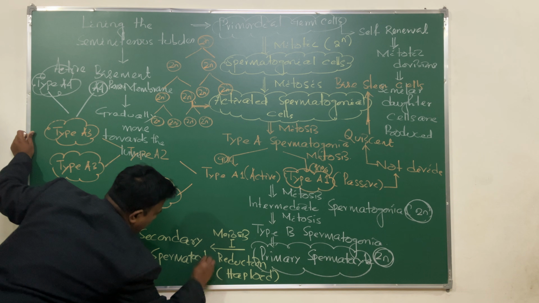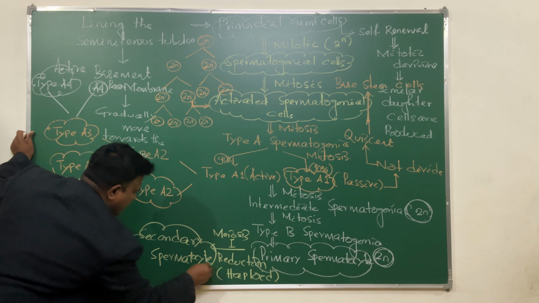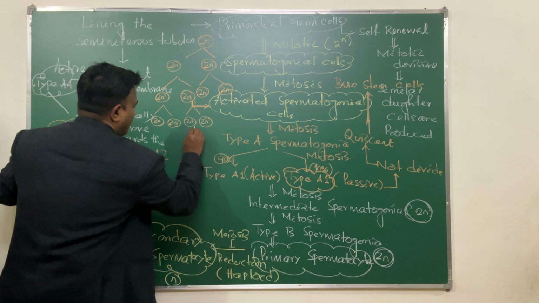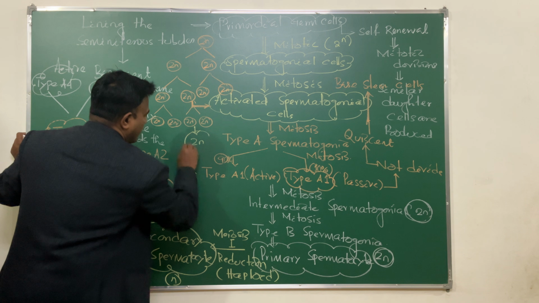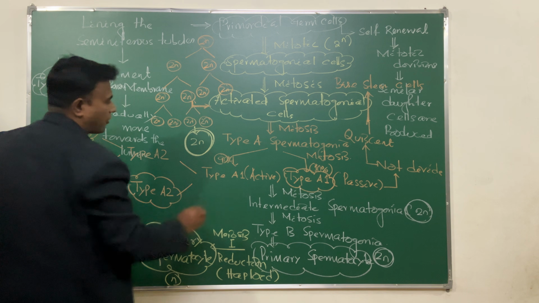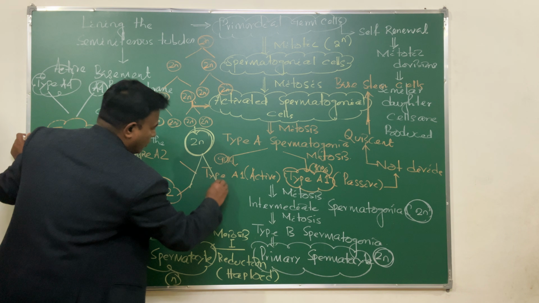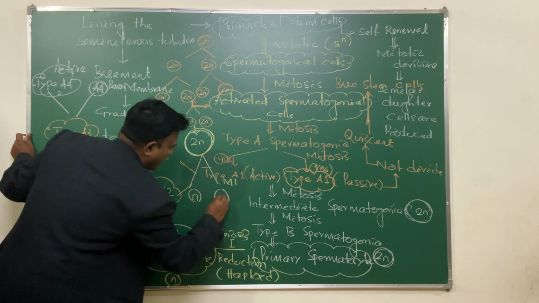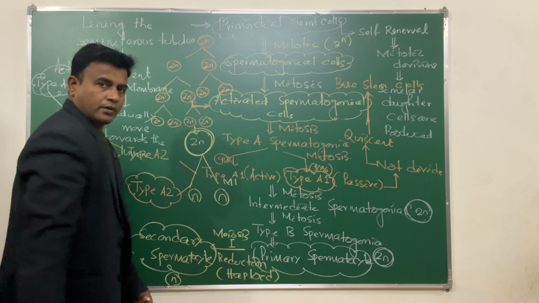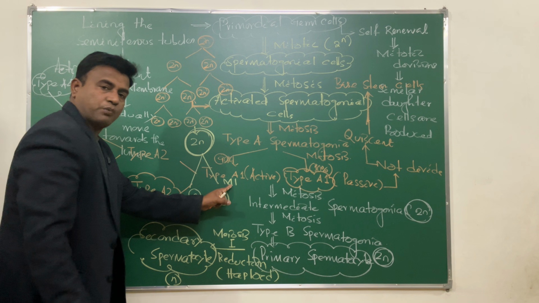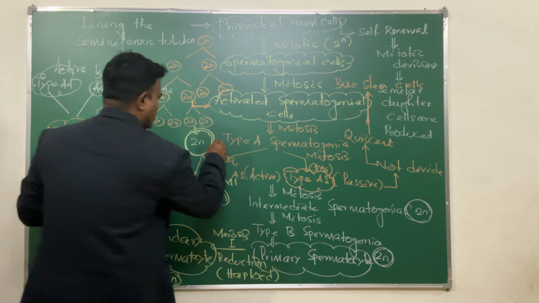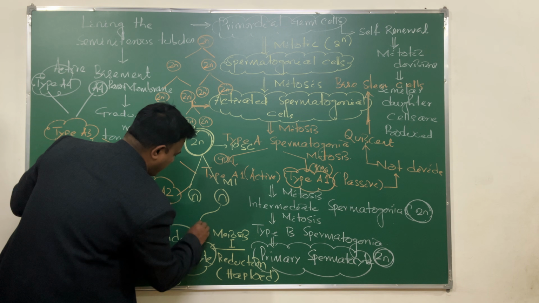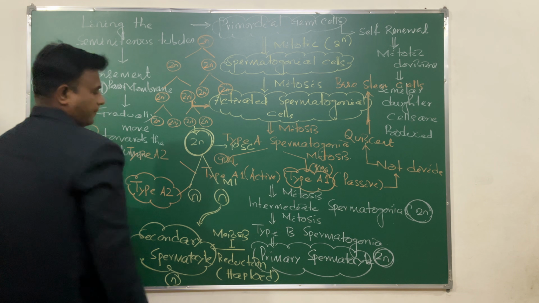If I show you by the diagram, this is the secondary spermatocyte, this is haploid. Suppose this is the 2n, the larger primary spermatocyte. Now it will undergo meiosis 1 and it produces two cells which are haploid. And this is the true meiosis 1. And the result, this is the primary spermatocyte and this is the secondary spermatocyte.